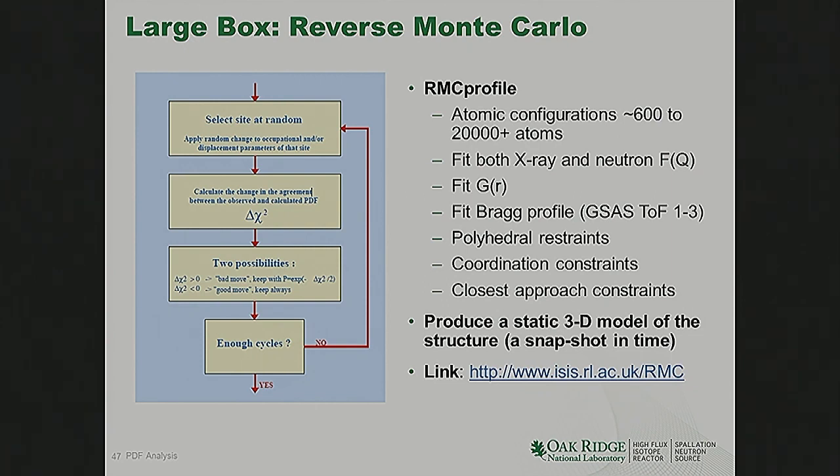And then it's also really important to consider what you know from your vast knowledge of chemistry or physics. If you know that there's a closest approach of 2 atoms, then you should set a closest approach. If you know the valency of one of the ions from another technique, you should set it.